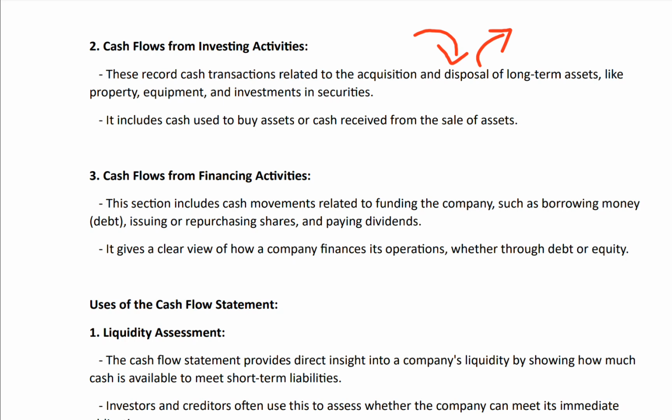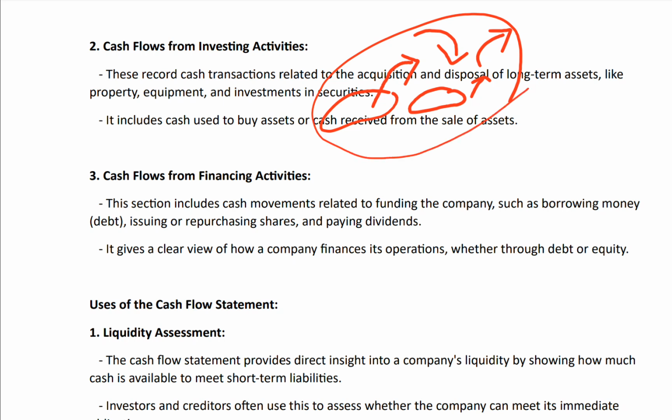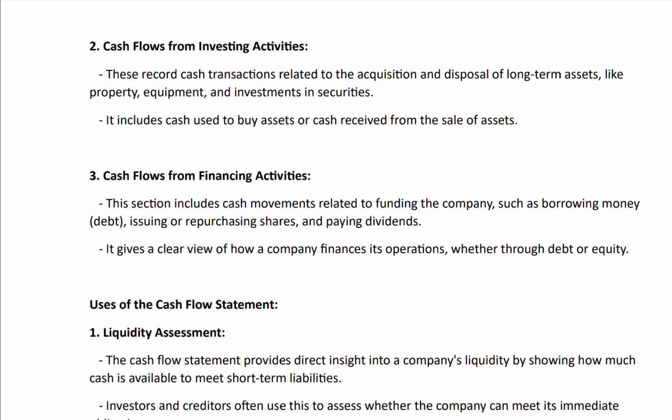So think we are buying some land, so we are investing in land. So the cash has flown out of the business. Think we are selling some land, we are disinvesting, isn't it? Why selling? We are now making our investment lie dead there, so we are disinvesting. There also the cash has flown into the business. So in both places cash flow happened, and it was through what? Through investing activities.